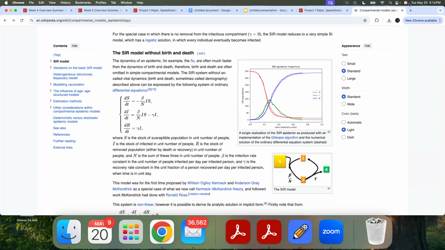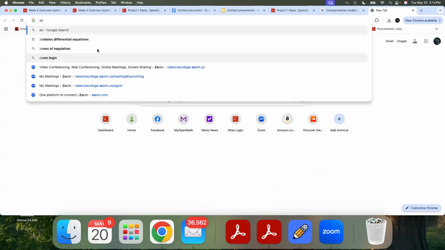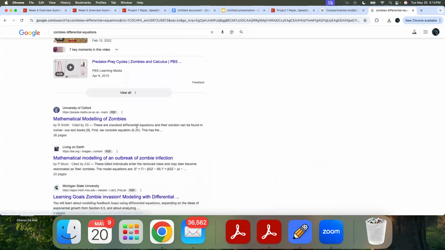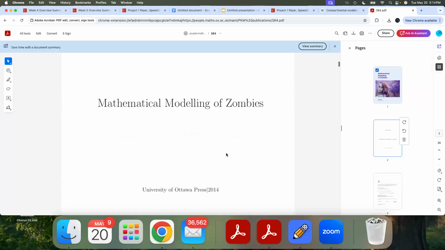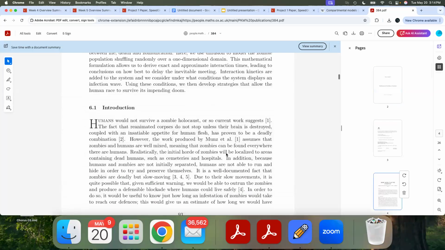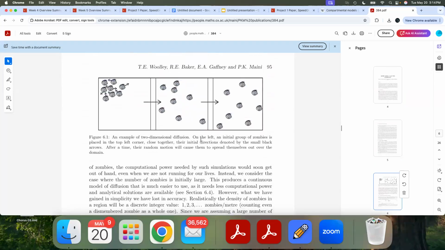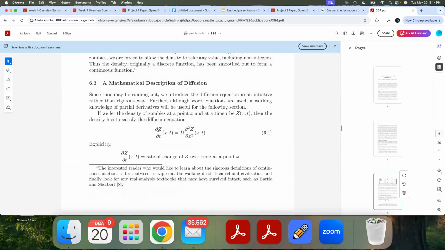Then there are a lot of other ways we could model outbreaks. I could just Google differential equations, and it just popped right up, and look at all the other ways people are modeling zombies. This paper is doing it with a diffusion model. Now, this does involve partial differential equations, but it's still something you could present to the class.